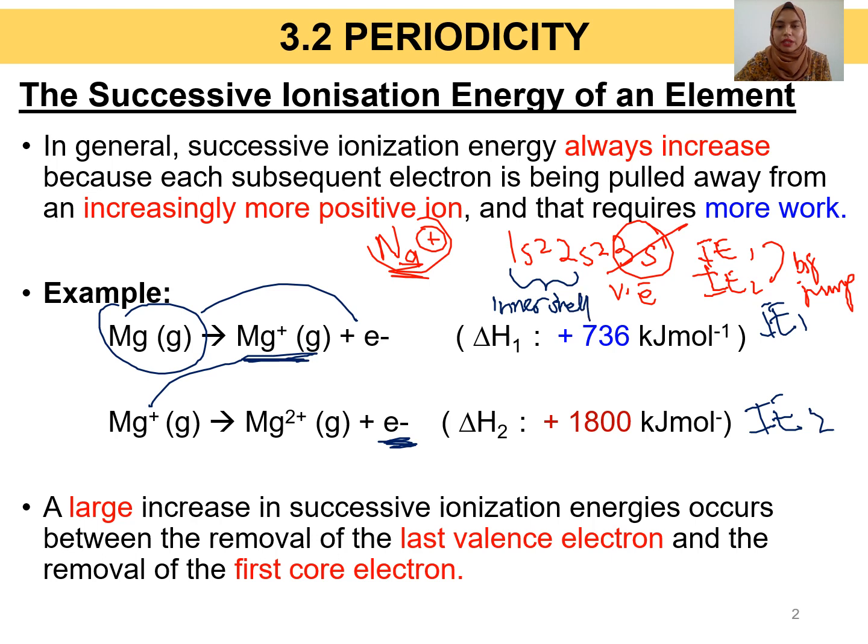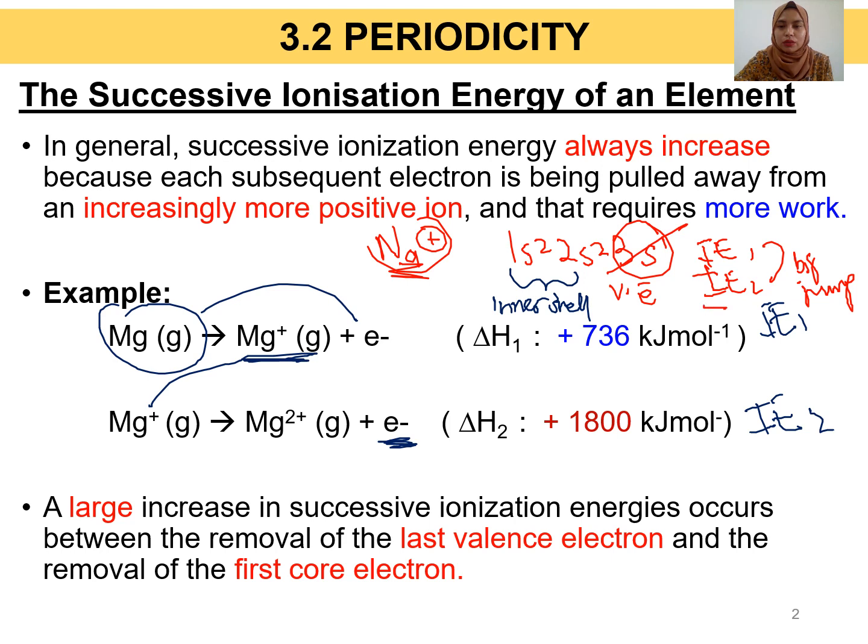Okay, so bila you dah habis remove one electron dekat valence electron of the Na, and then you nak move to the inner shell, you nak remove this one electron supaya you dapat IE2. Because of that lah you akan dapat big jump between IE1 dengan IE2.